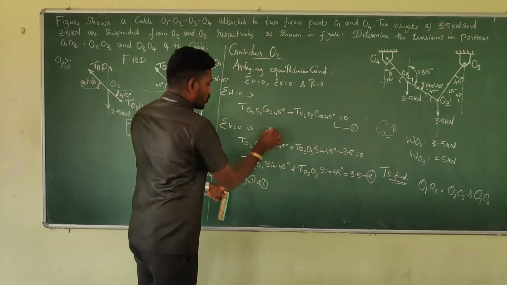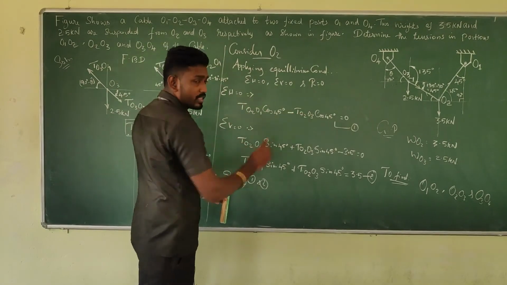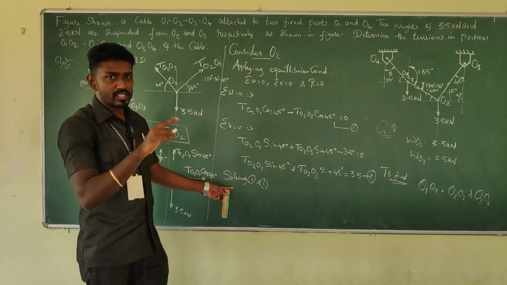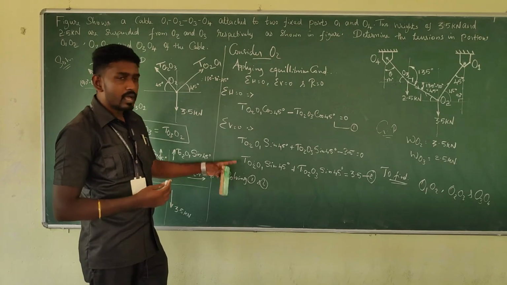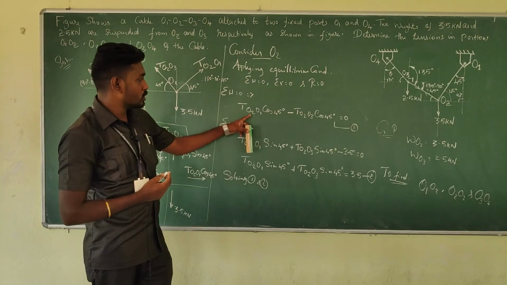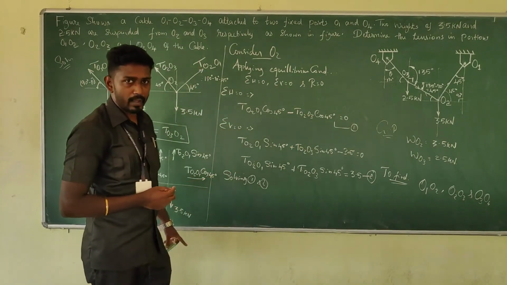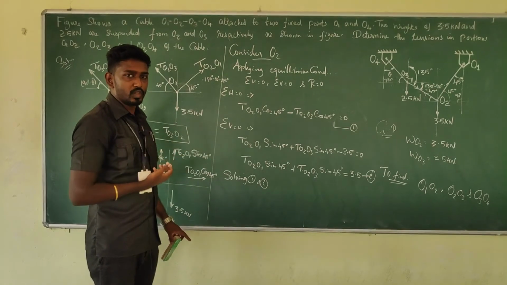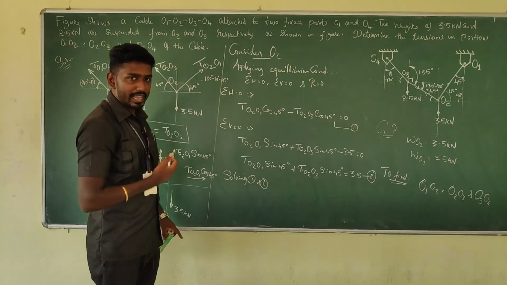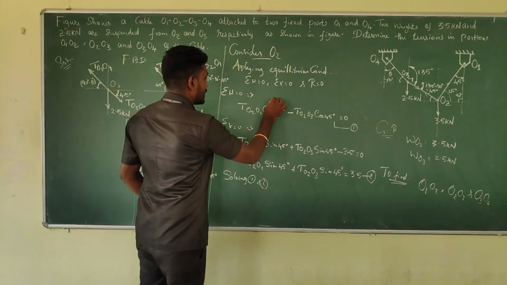In this equation 2 unknowns are there, right? TO2 O1 and TO2 O3 is there. So 2 unknowns, so select 2 unknowns and just feed all your values. You will get the answer for TO2 O1 and TO2 O3. Okay, so when you are just going into the mode, what happens is it will be asking for the answer A1. Okay, A1 in the sense nothing but this one.